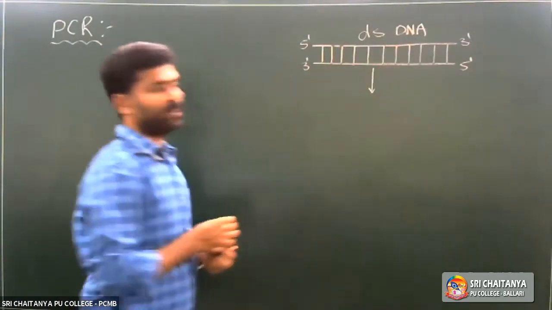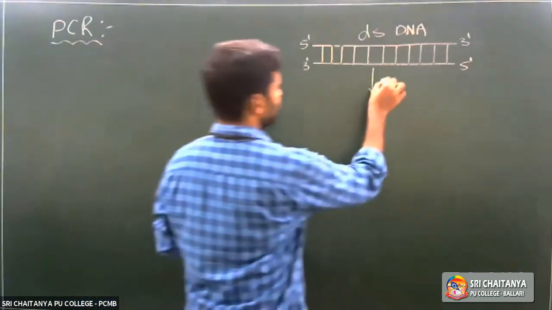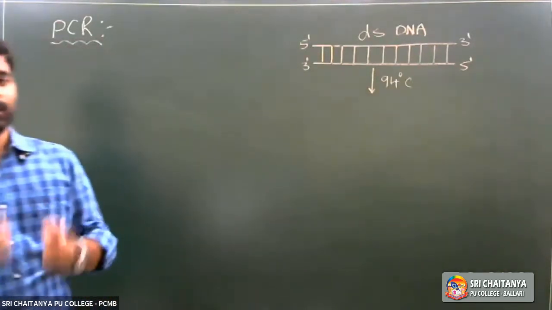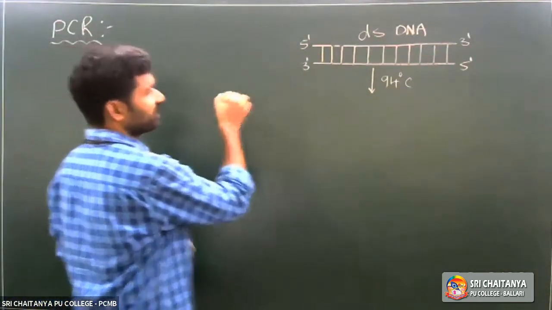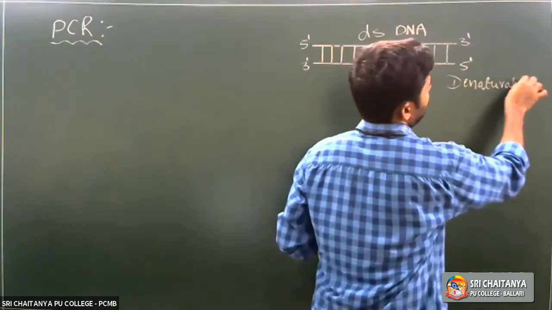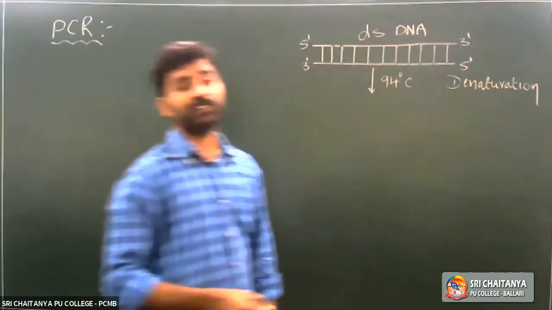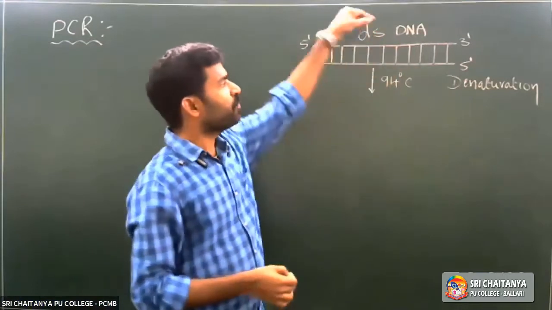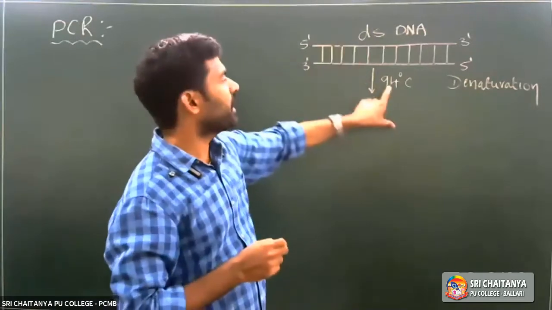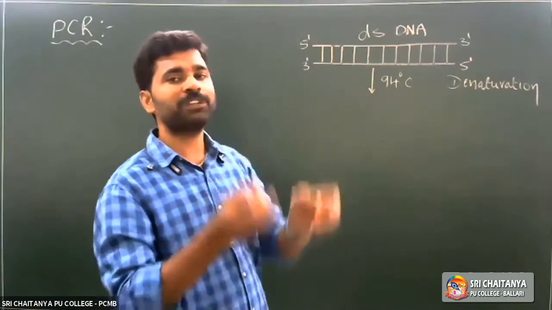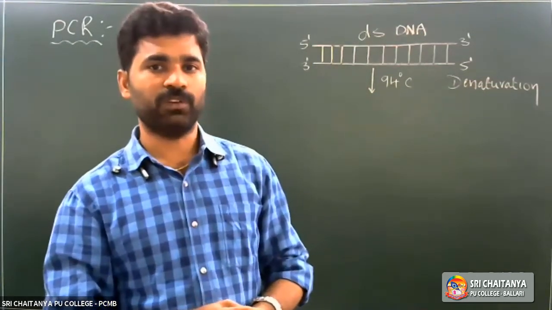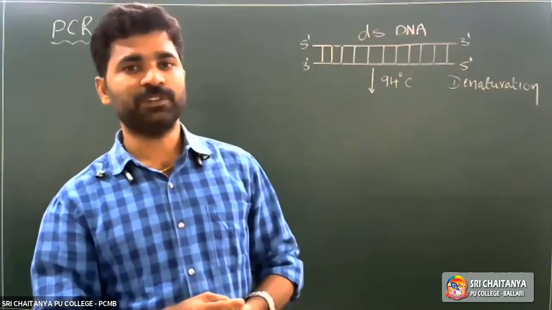Whenever the double stranded DNA molecule is subjected to the highest temperature like 94 degrees centigrade, the double stranded DNA molecule is converted into a single stranded DNA molecule. We call it the denaturation process.